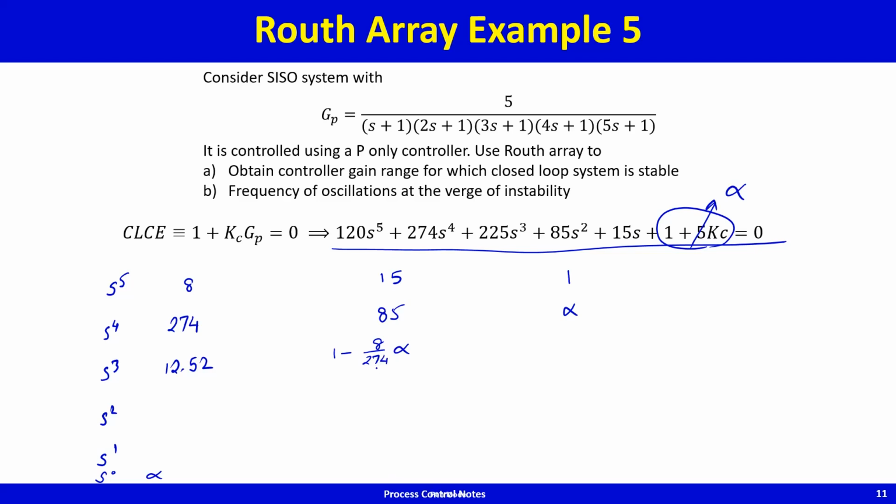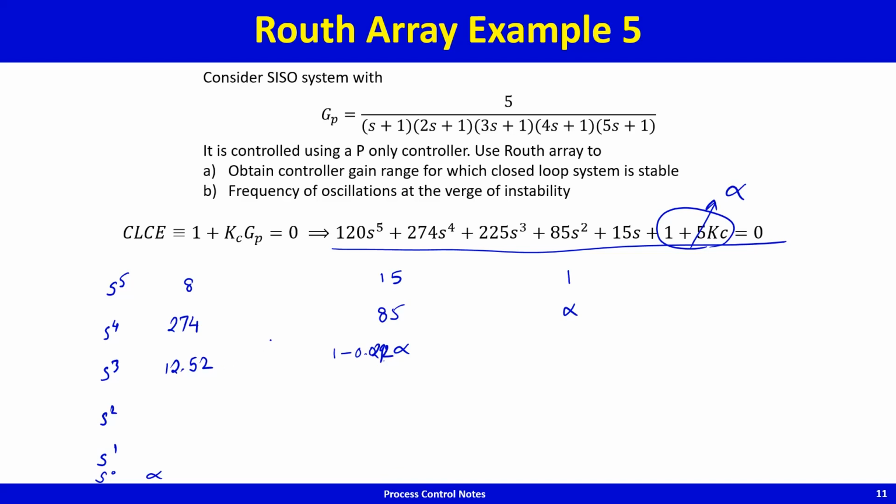And 8 by 274 I think turns out to be 0.0292. We'll have to see. 0.0292 alpha.